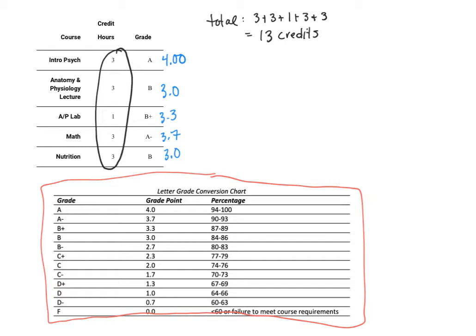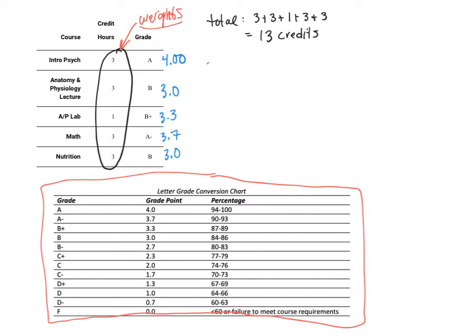We know, based on our previous work, that we can calculate a grade point average, a weighted mean, by taking the weight times the value. And again, in this problem, the weights are the credits, the number of credits.